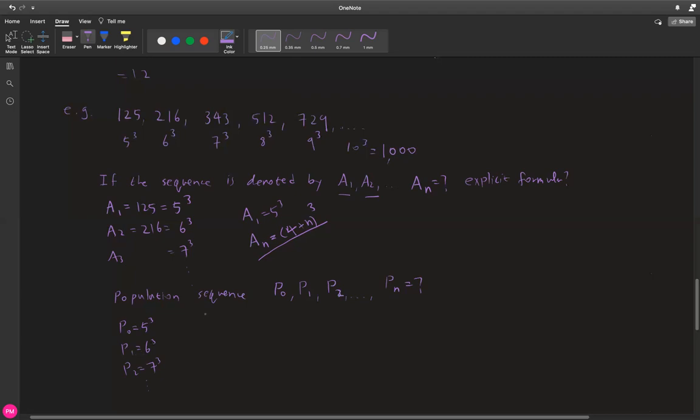So in this case, you end up with p sub n equals 5 plus n, cubed. That way, if you plug in 0, you get 5 to the power 3. If you plug in 1, you get 6 to the power 3. If you plug in 2, 7, and so on and so forth. Did that make sense?